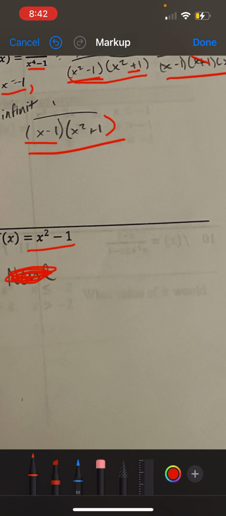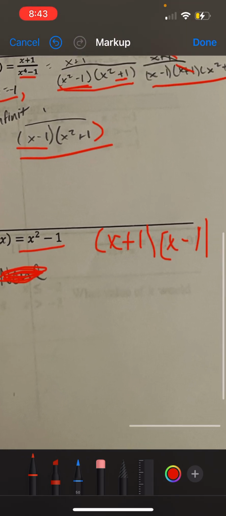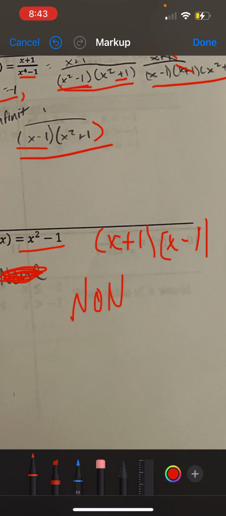So this factors into x plus 1 and x minus 1, right? And actually I was correct, so the answer is none, because you can't get a vertical asymptote, nothing cancels, so there's no hole, and there's no way to tell that there's a jump, so this one is none, right?